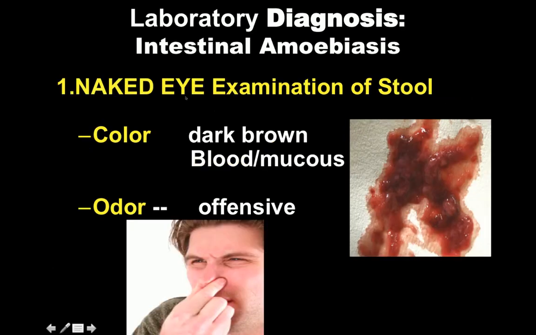Coming to the macroscopic or naked eye examination, the color is important. It could be dark red or brown depending upon what it contains. If it has fresh blood, it's going to be reddish in color, or it could be a brownish stool passed with dysentery. The odor is offensive, as you can see in this picture.